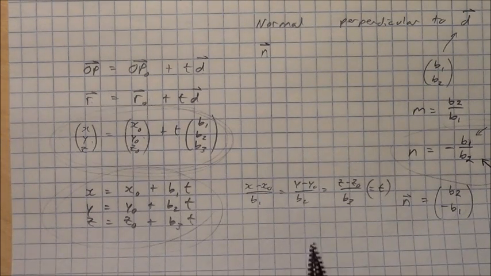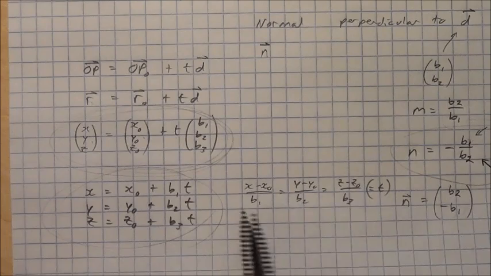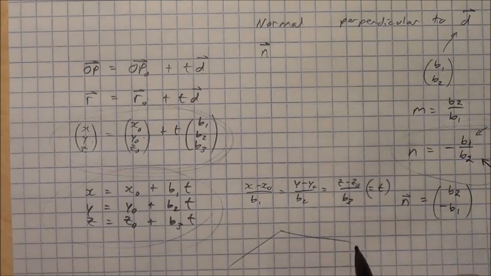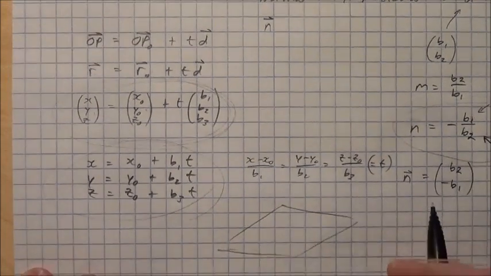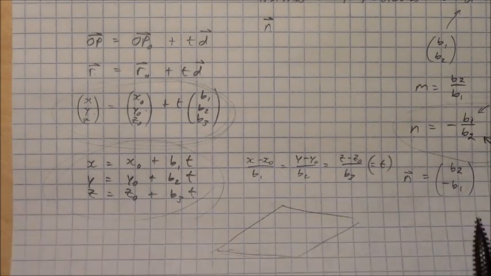One thing that we don't have in 3 dimensions is a Cartesian equation of a line, because in 3 dimensions, when we rearrange this and we get a Cartesian equation, the Cartesian equation is actually a plane. Like a plane in space, not an airplane flying through the air.